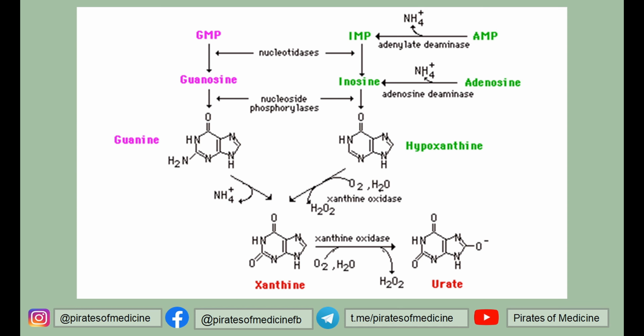So here we have the purine salvage pathway, and you can see over here these purine nucleotides are converted into respective nucleosides, which are converted into hypoxanthine, and this hypoxanthine is converted by xanthine oxidase into xanthine, and xanthine is converted finally into urate.